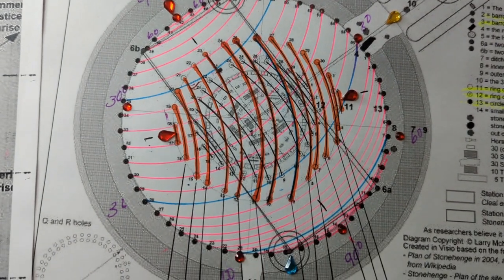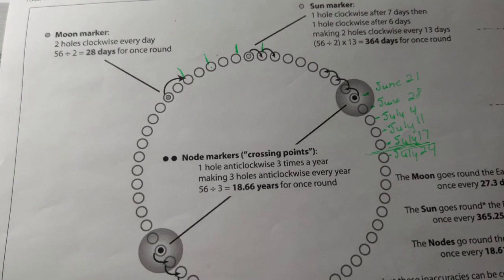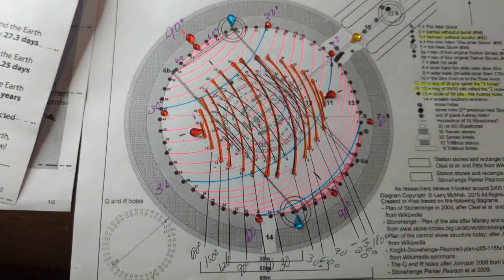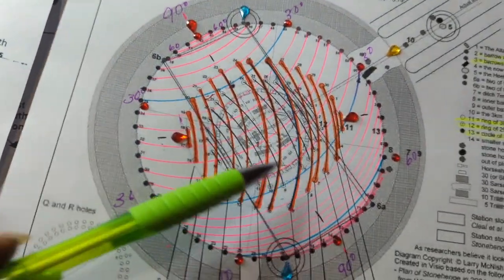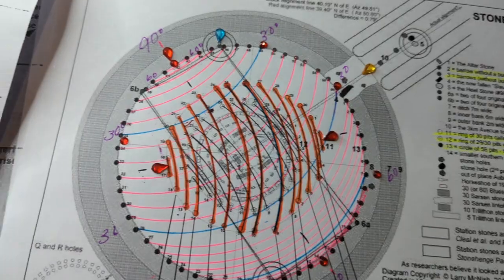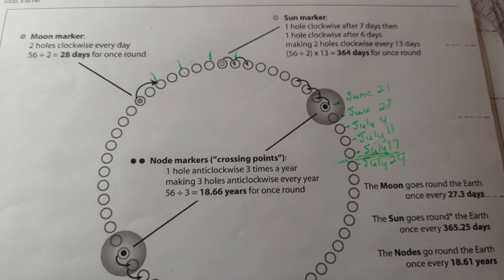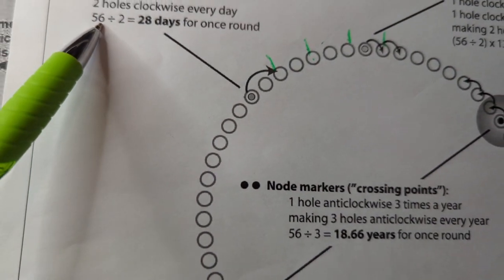So let's check our work. Okay, so this is a diagram of the exterior of Stonehenge. So these 56 Aubrey holes. Okay, these aren't the 56 Aubrey holes per se, but they represent the rotation of the moon, right?